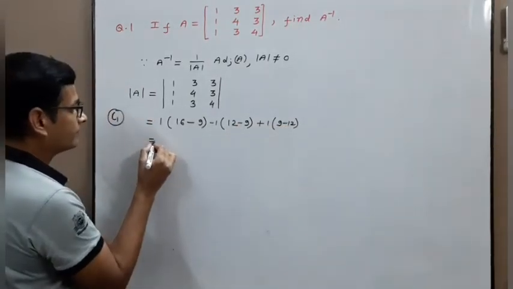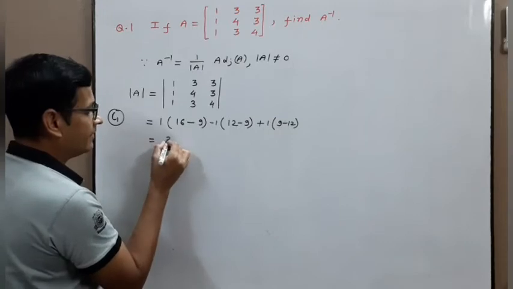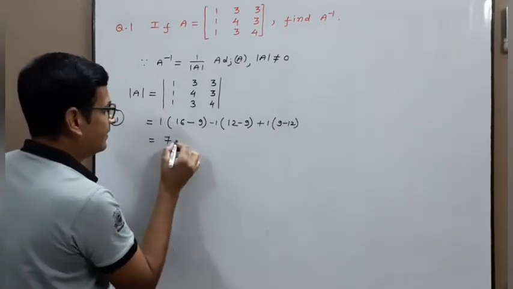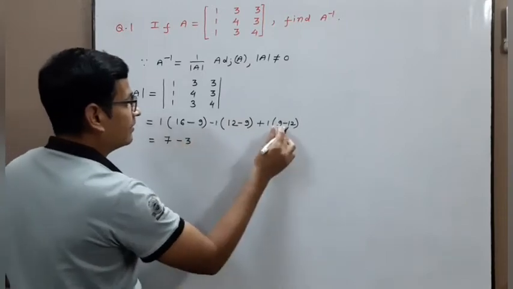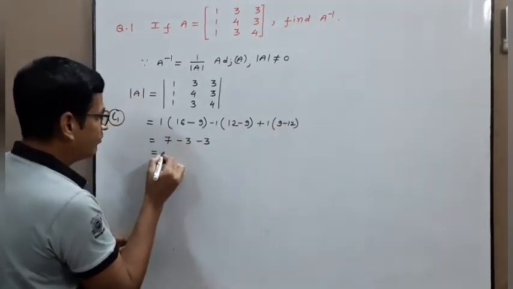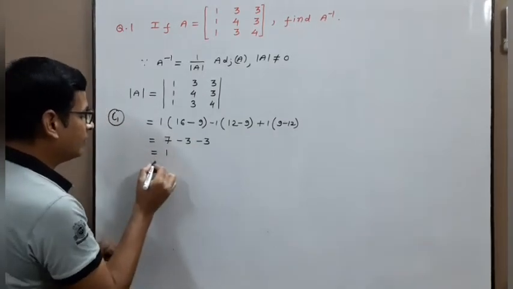That is 16 minus 9 is 7, 12 minus 9 is 3, so minus 3, 9 minus 12 is minus 3, so is equal to 1. Clearly 1 not equal to 0.